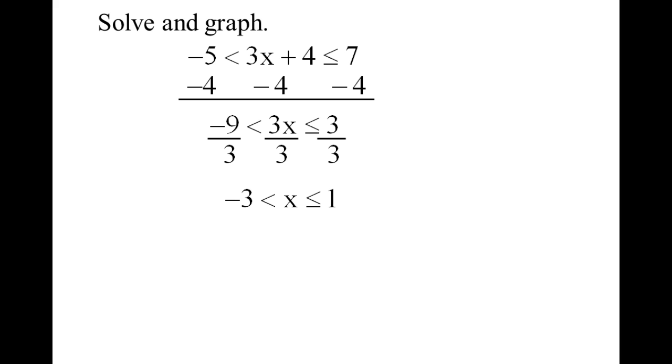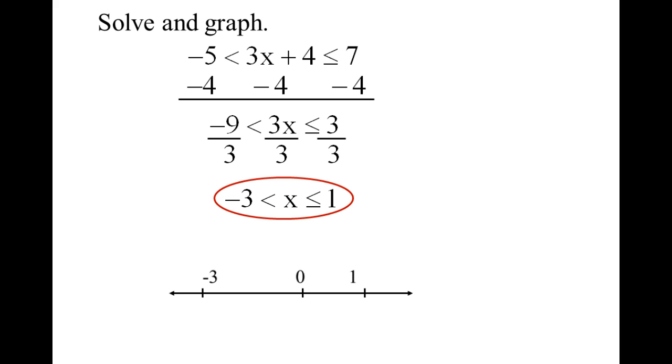Now, how many open, how many closed? One. Alright, so the left one is open or closed? Open. And the right is closed. Alright. So draw your graph just like that.